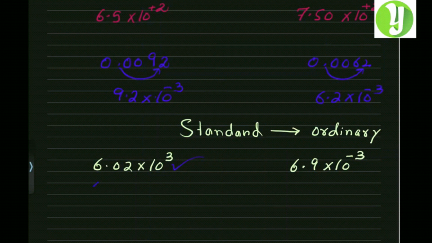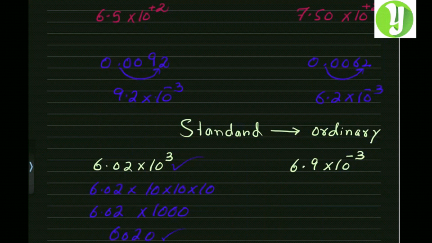So we can write 6.02 times 10 power 3, and power 3 means 10 times 10 times 10, which means 1000. So if I multiply 6.02 by 1000, the answer is 6020. Okay, that's the ordinary number.